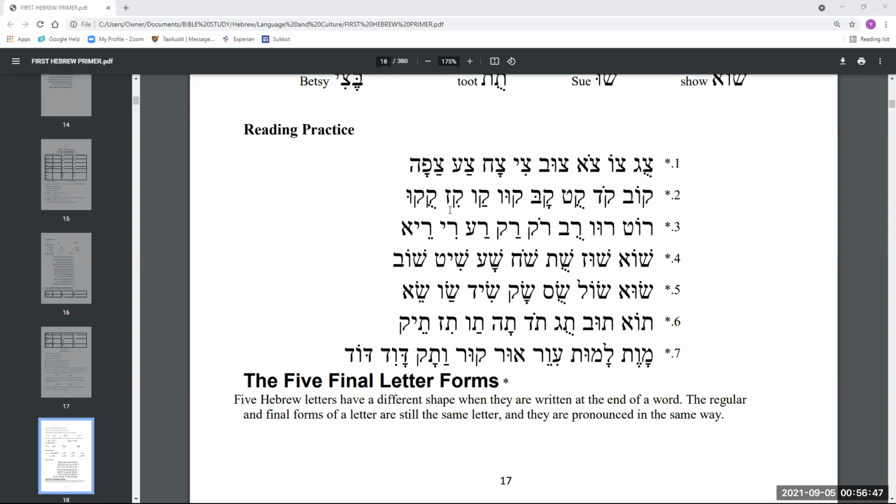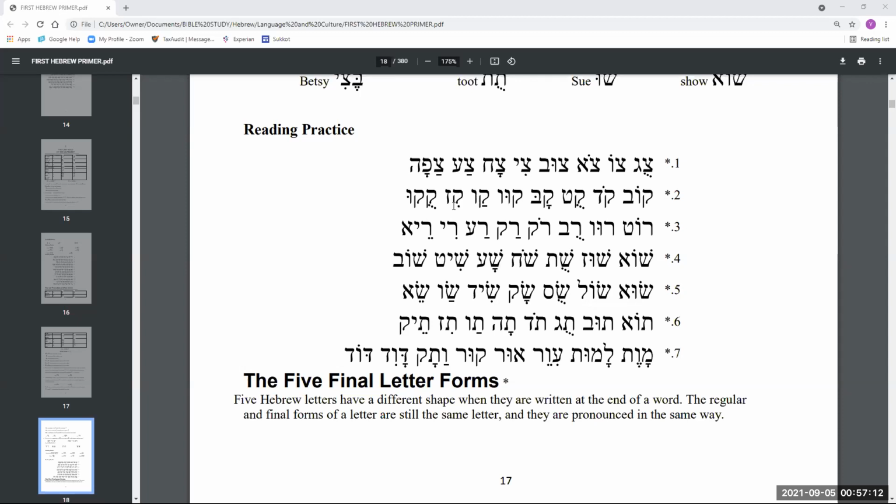Next. That is a kuf with a kirik. We call that a kirik. Okay. That's correct.